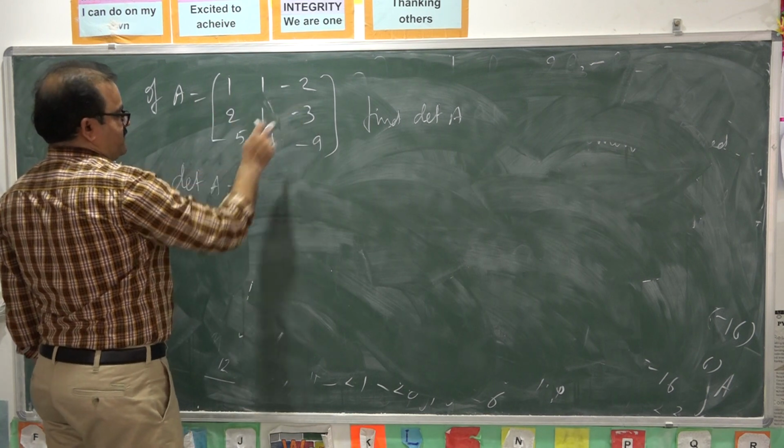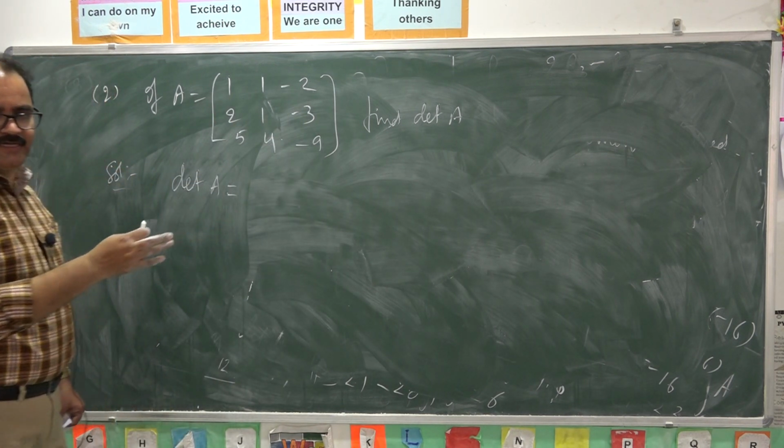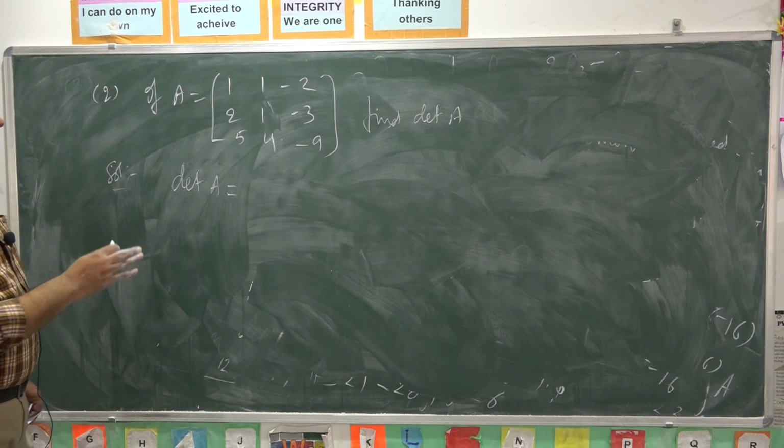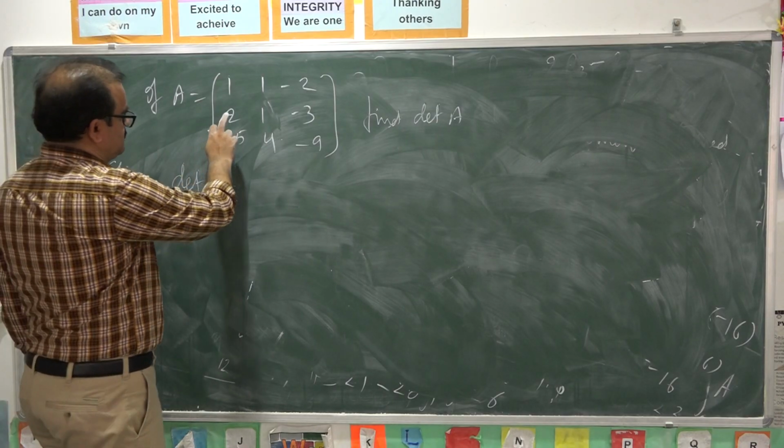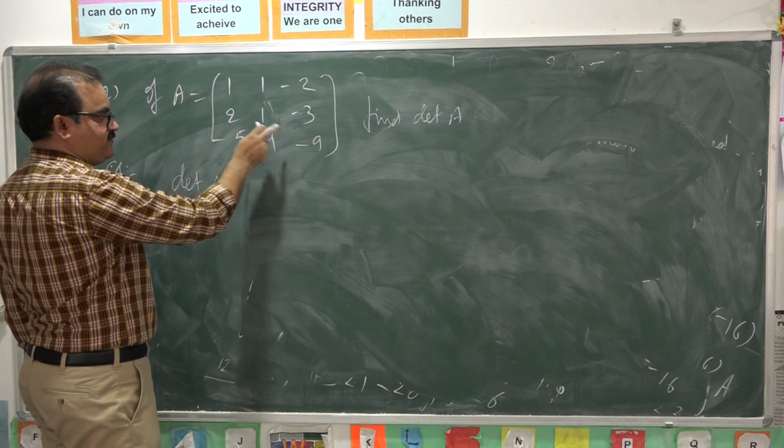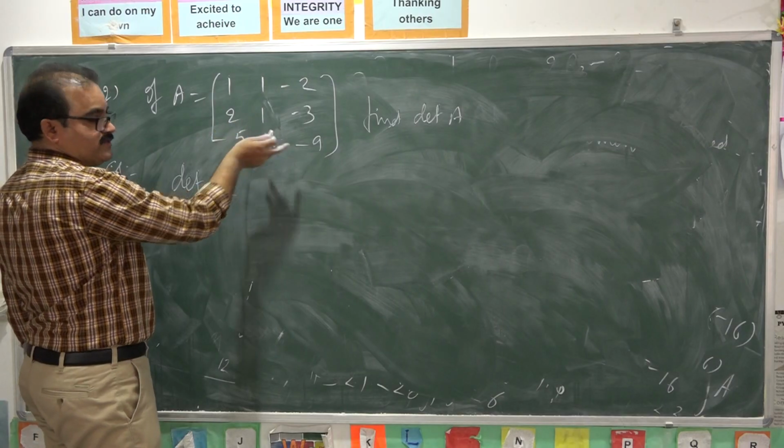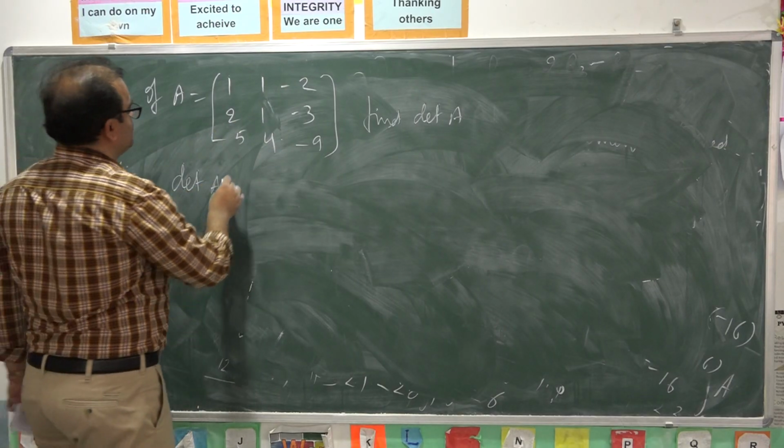You take first row. You may take first row or second row or third row, any row. Take the sum of the products of those elements with their corresponding cofactors.